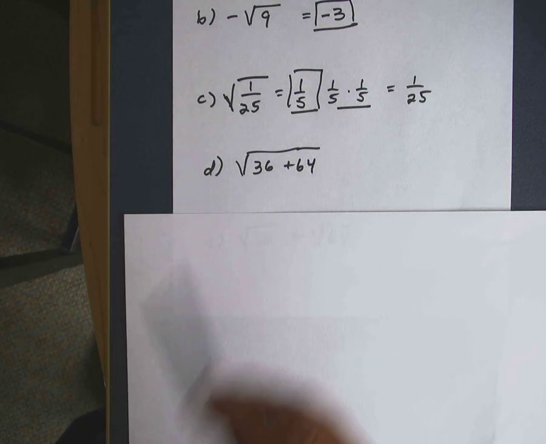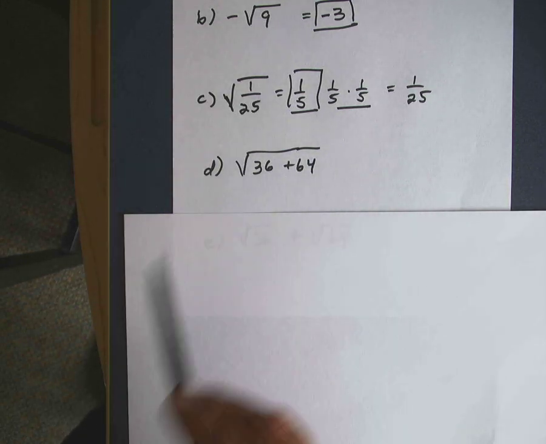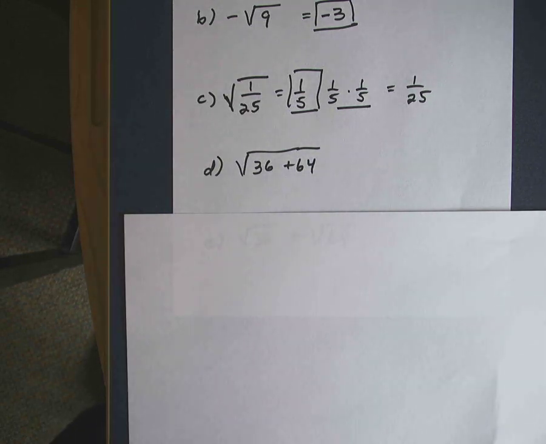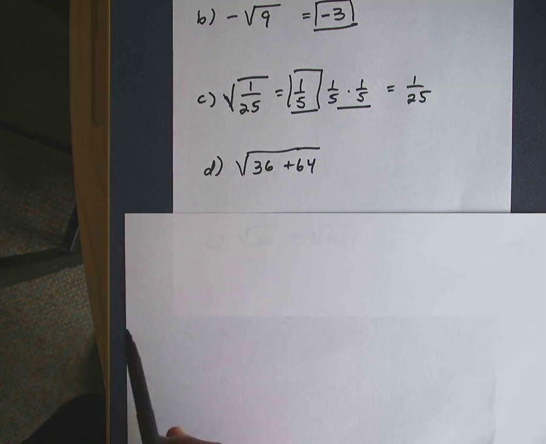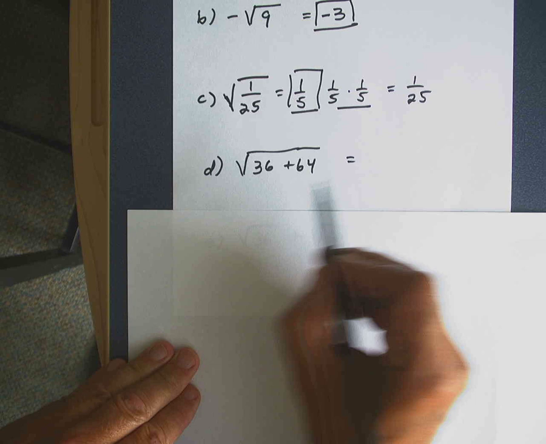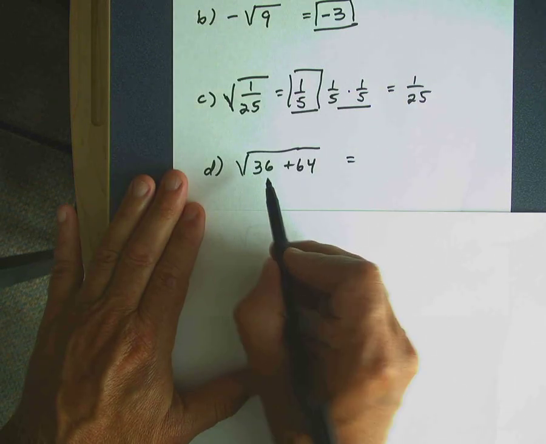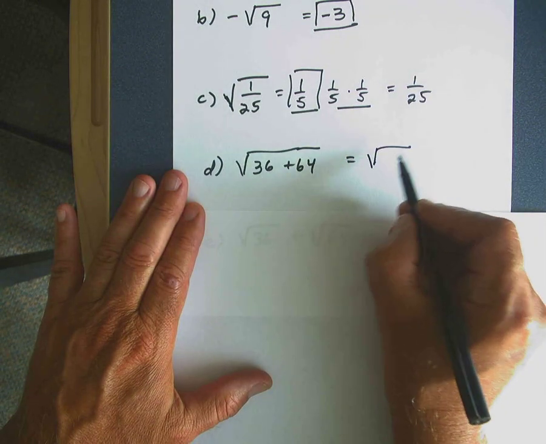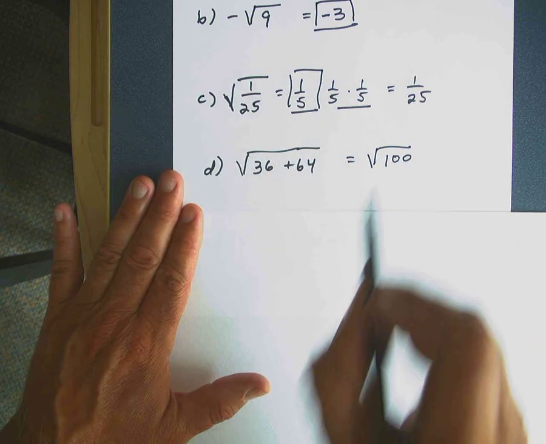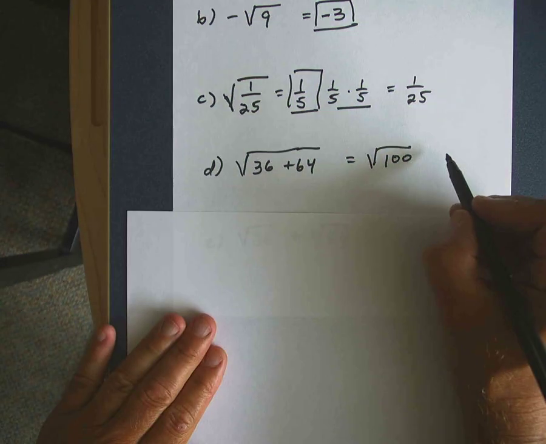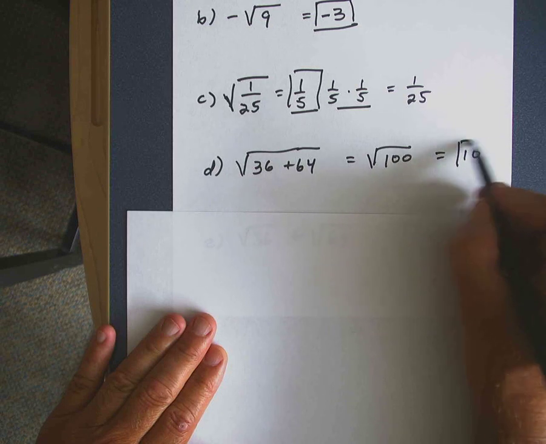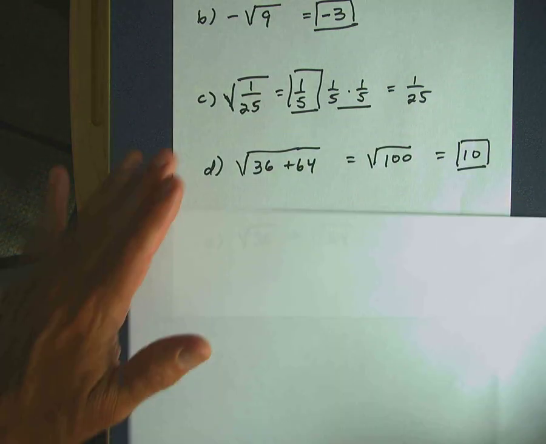If they're multiplied, you can split it off like that, but if they're added, you cannot do that. In this case, I would add these two numbers first and then take the square root. 36 plus 64 is 100, so this would be equal to the square root of 100. You multiply 10 by itself to get 100, so the square root of 100 would be 10. So this expression would simplify to 10.